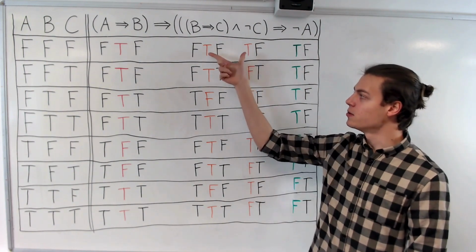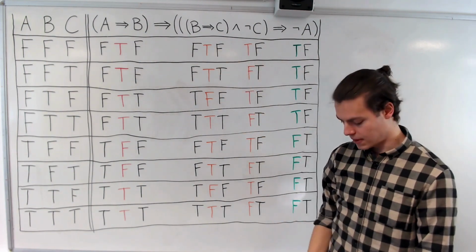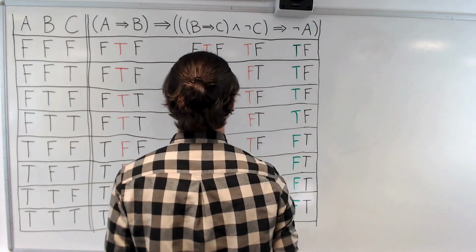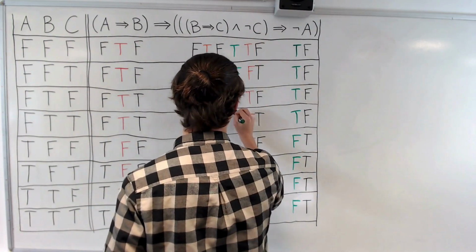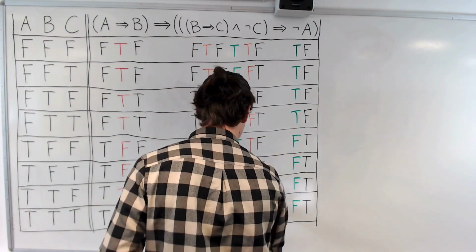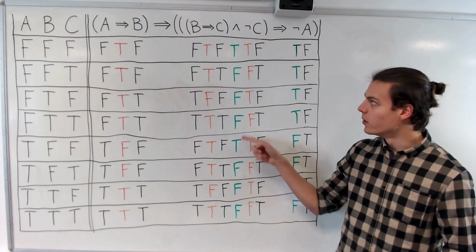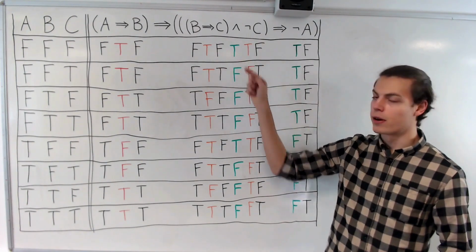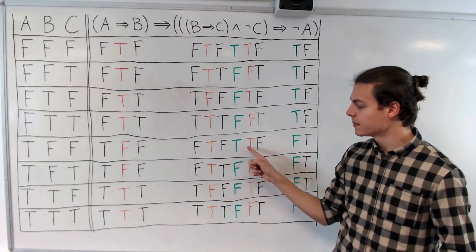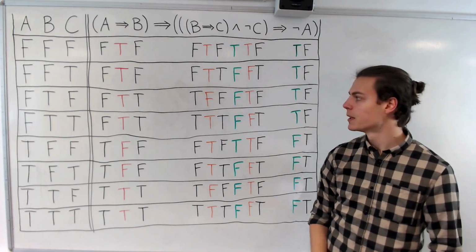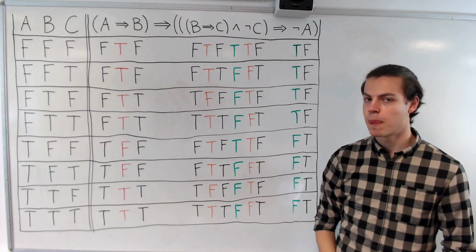And so we're looking at the two orange columns. Let's fill this in. You notice there are only two rows where both orange columns are true, and in these two rows, this AND column is true, and it is false everywhere else.